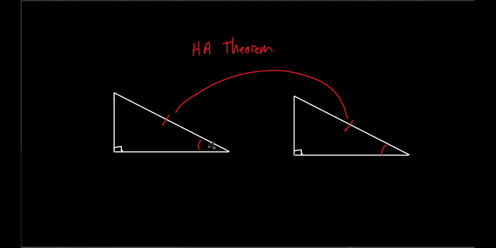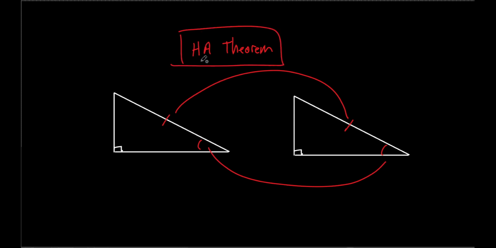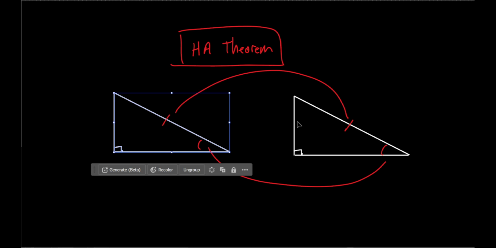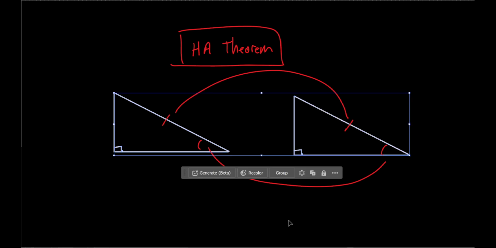This bottom right angle is equal to the bottom right angle over here. So I've got a hypotenuse and I've got an angle. And we just call it the hypotenuse angle theorem. It's not too hard, is it? No. Let's copy that. And let's do 2 more.